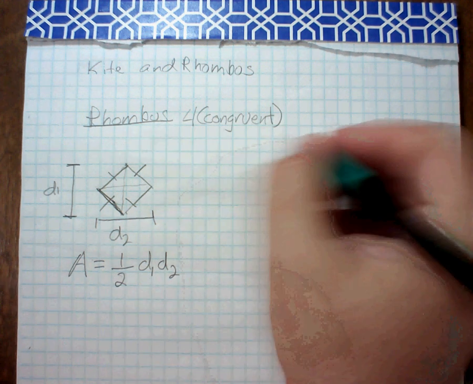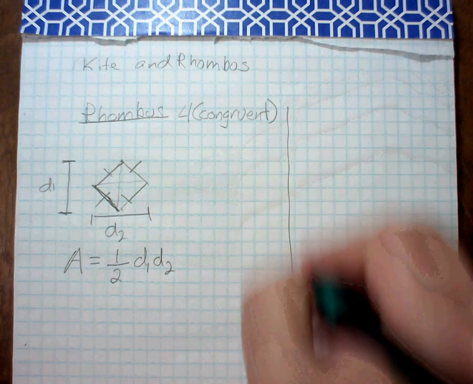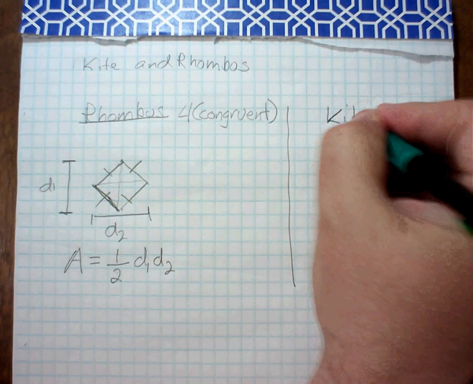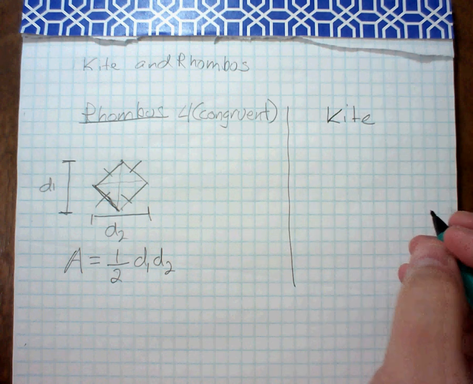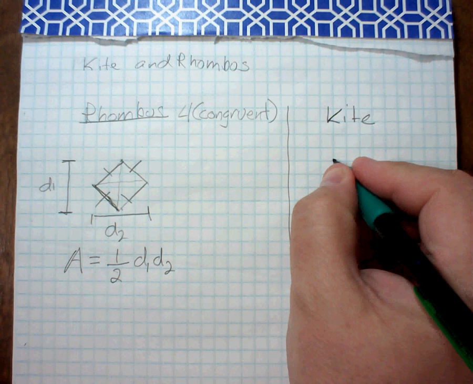Now for a kite, that's a rhombus. A kite is 2 pairs of congruent sides. So you can have something like this.